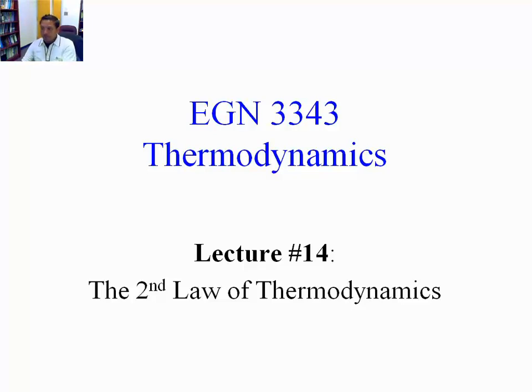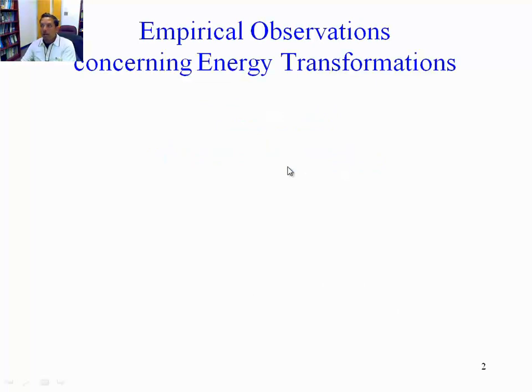So we basically start by looking at empirical observations concerning energy transformations. So there are observations that lead to the implications that there are certain things that occur in certain ways, establishing limits in the way energy is transformed in a system.